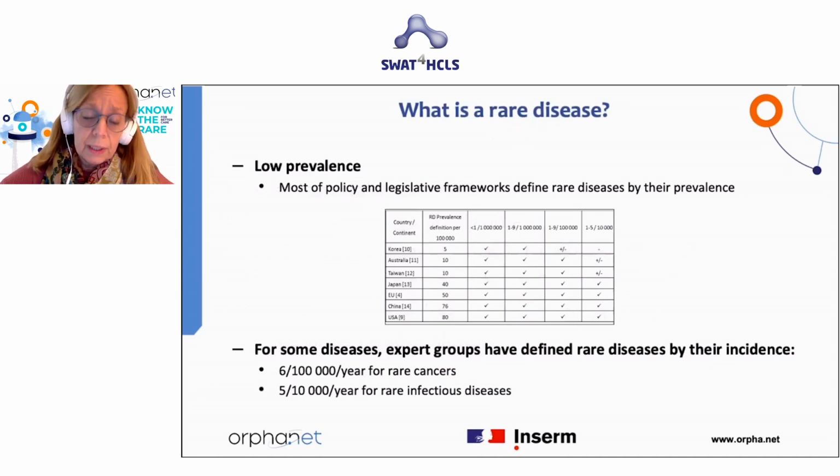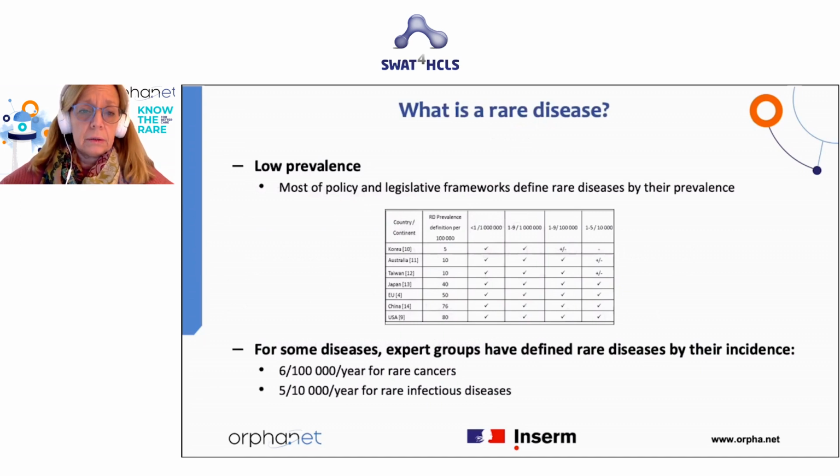However, rare disease patients are scattered across the globe. So the first thing to do is to define what is a rare disease. And that is a huge effort, and a never-ending effort.